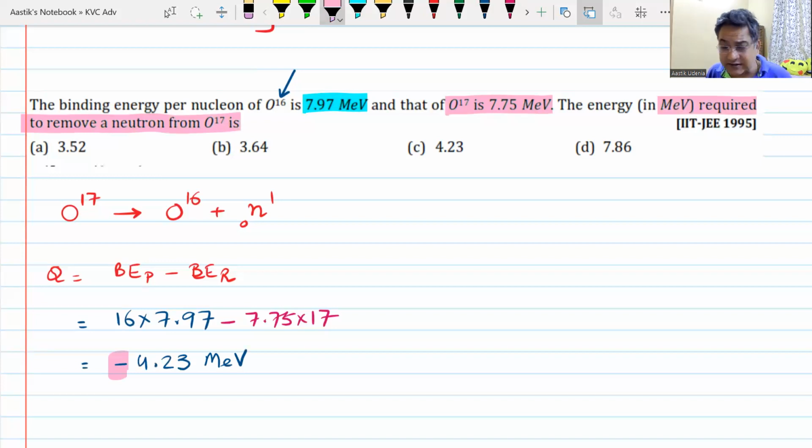Energy will not be released. O17 will not spontaneously become O16. You will have to give it this much energy. A very important question to understand the importance of Q factor. I hope you have understood this. I'll give you 2 minutes to note this down.